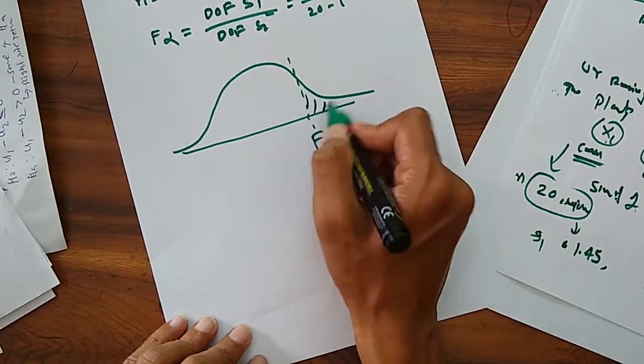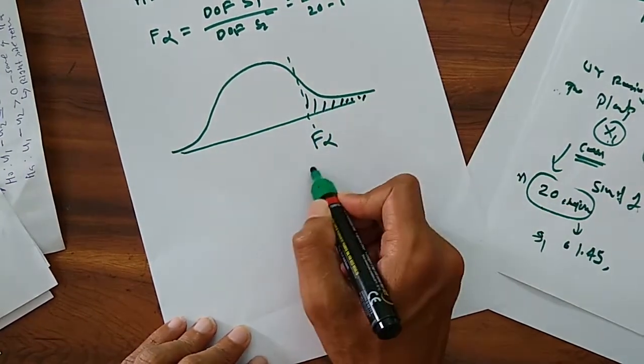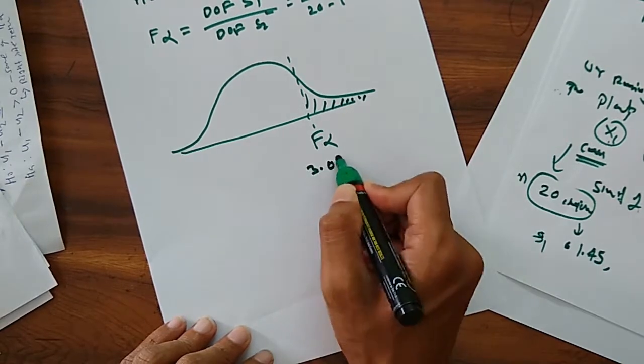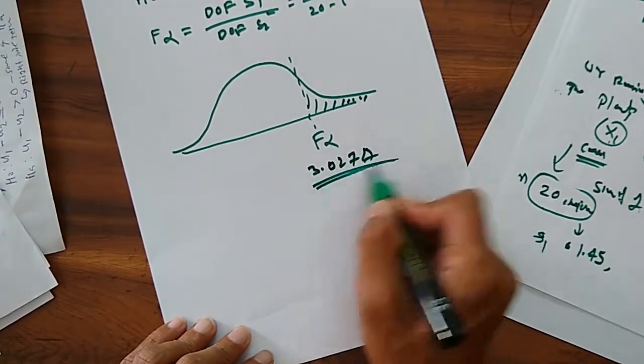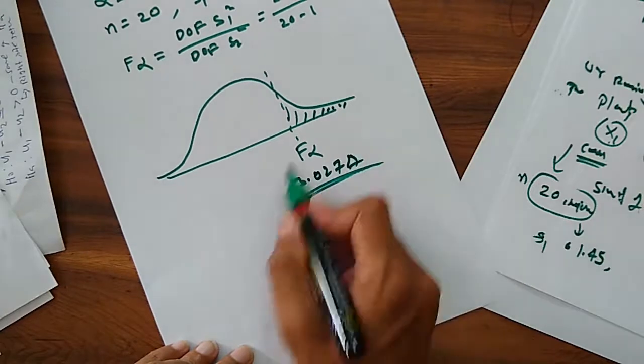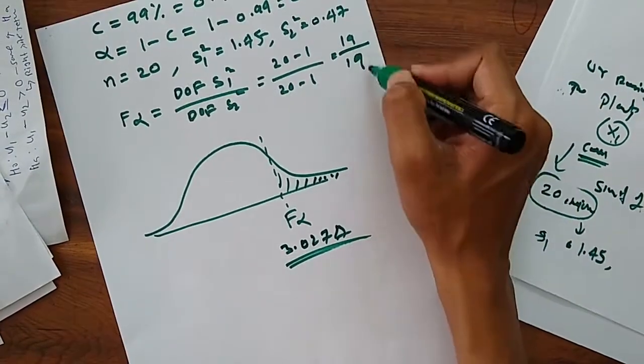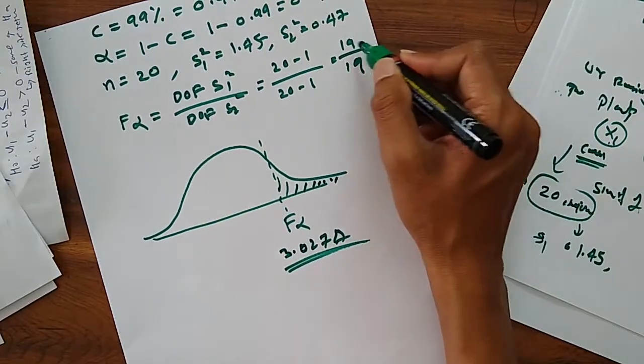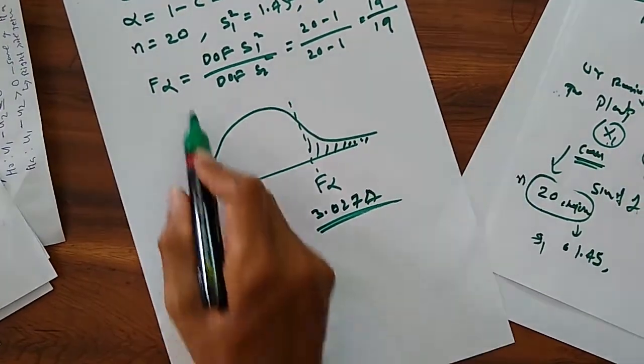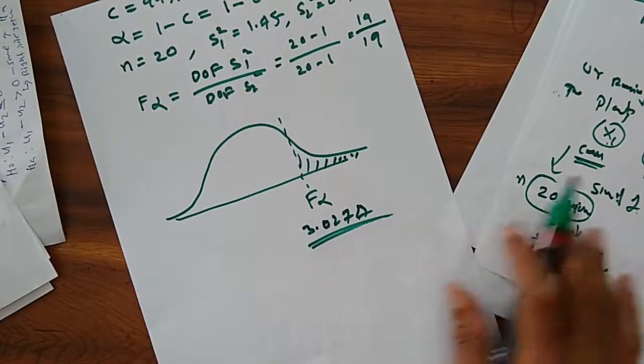By seeing the table, I know the value is 0.2743. This is our f alpha. This value we will get from the statistics table by seeing the degree of freedom of the numerator and the denominator. So now we calculated f alpha.